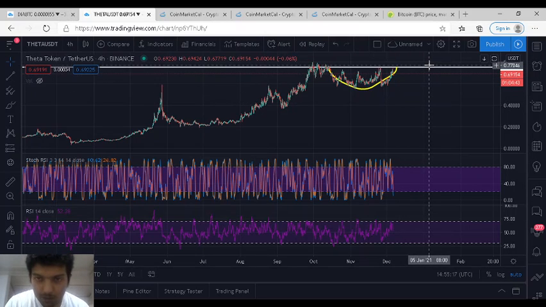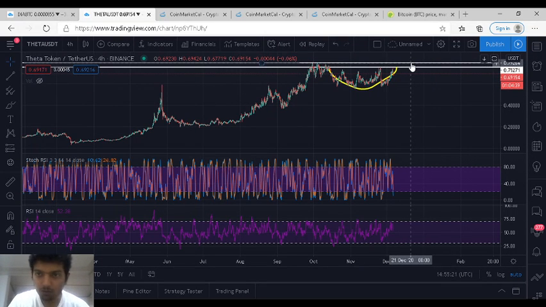You would basically buy the breakout of this level and wait for a retest. A retest is a very safe entry because now you're confirming that you have a breakout, then you're having a retest, and after the retest is continued upside.